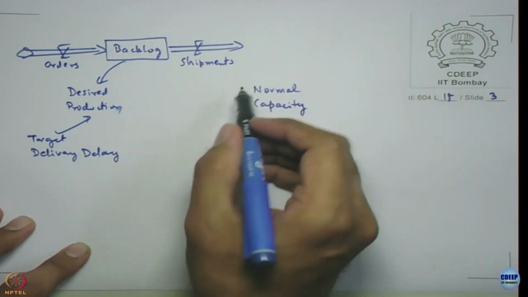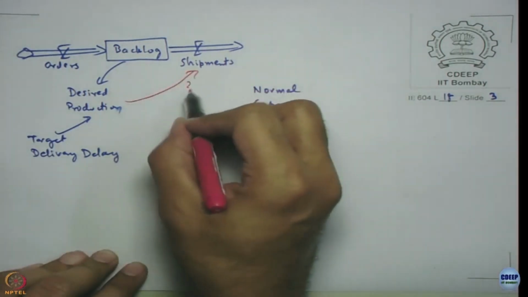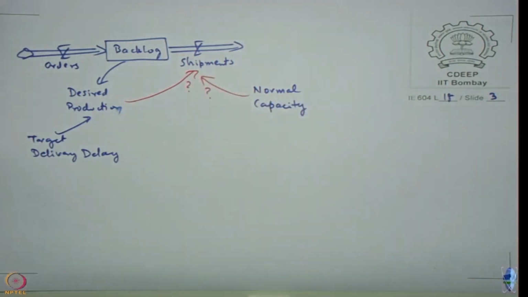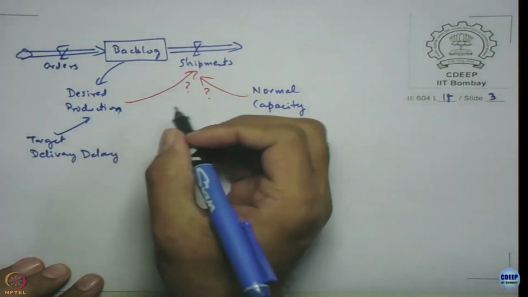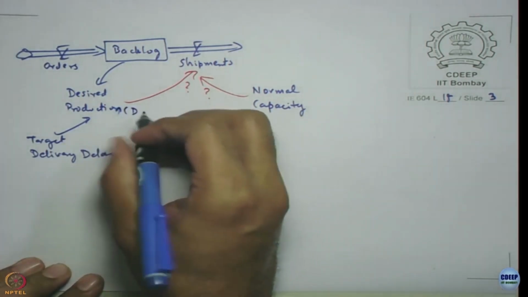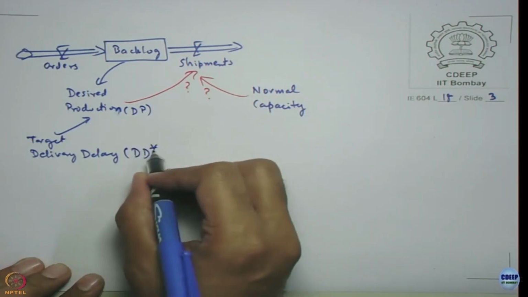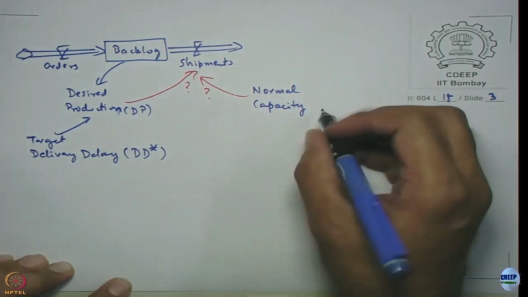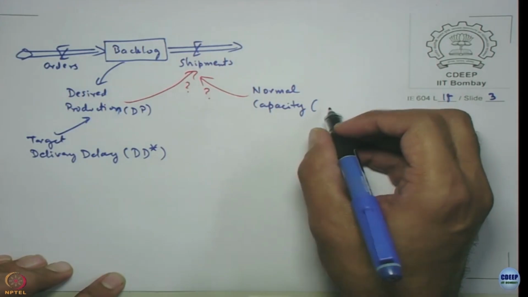There is a reason why I am calling it normal capacity. This is the kind of model we have right now. Let us call this desired production, target delivery delay D star, and normal capacity you can just keep as C.